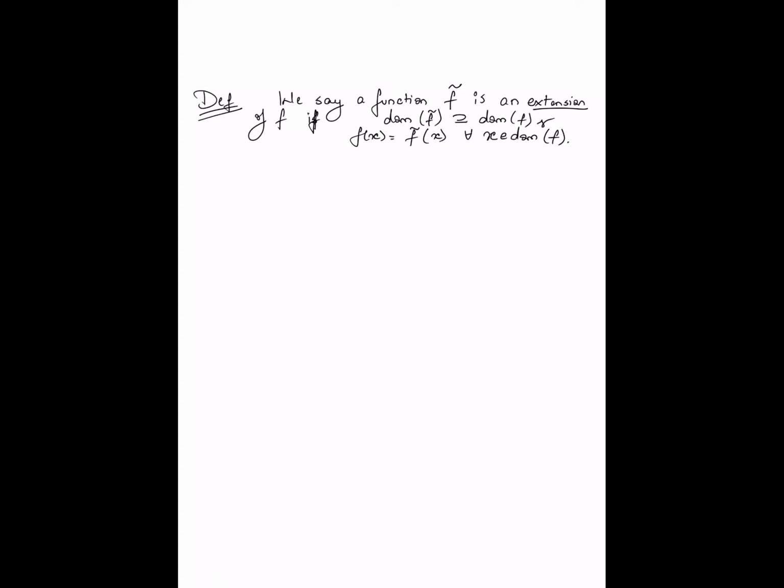So f tilde is going to be an extension of f if its domain is a superset of the domain of f, but within the domain of f it agrees with f. So that's a natural reason to call f tilde an extension of f, because it agrees with f over its domain but extends that domain. So therefore it's the extension.